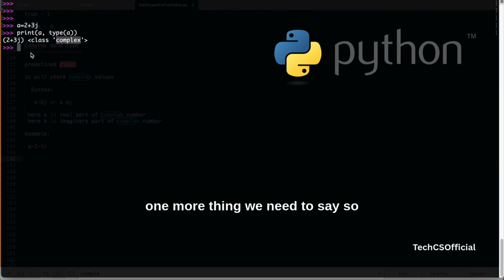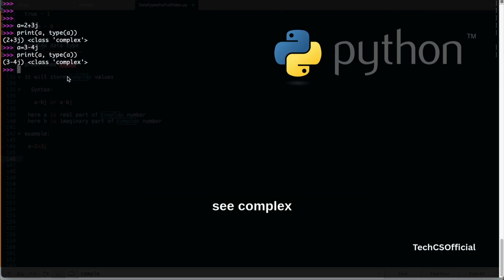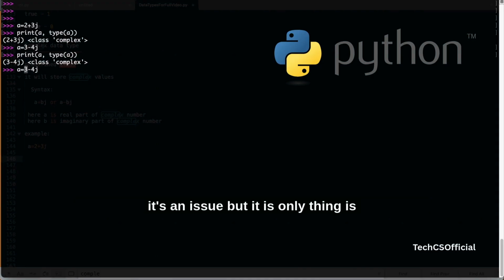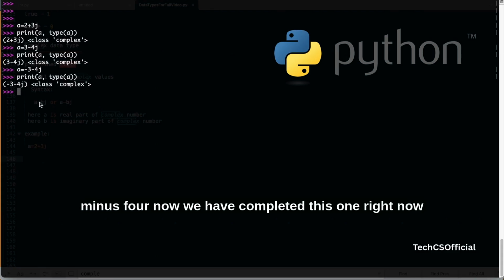Now one more thing we need to say. Even if you try to give 3 minus 4j, print a, it works directly. See, complex number, even if you try with minus 3 minus 4j, it is not an issue, but you have to understand it properly. Now we have completed this one, right?